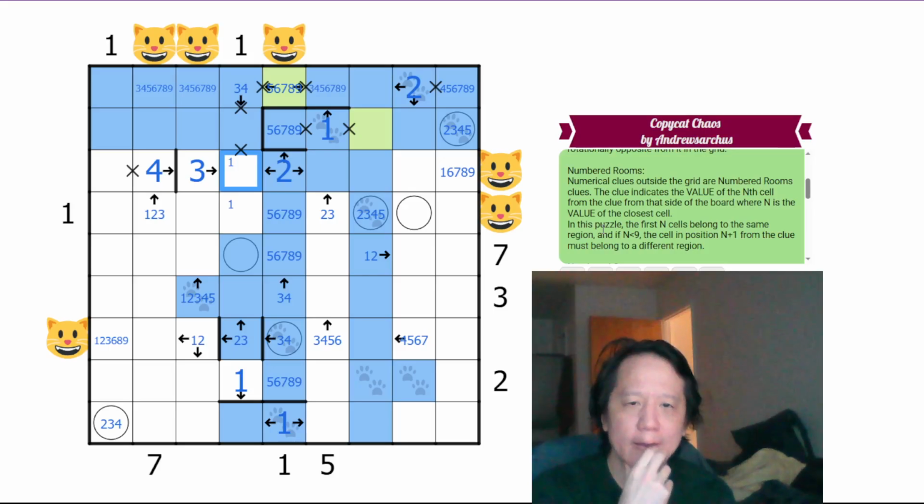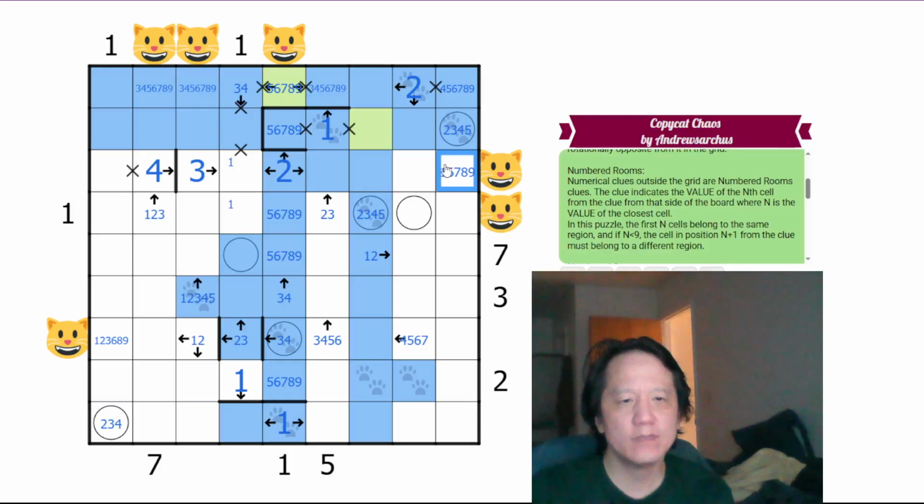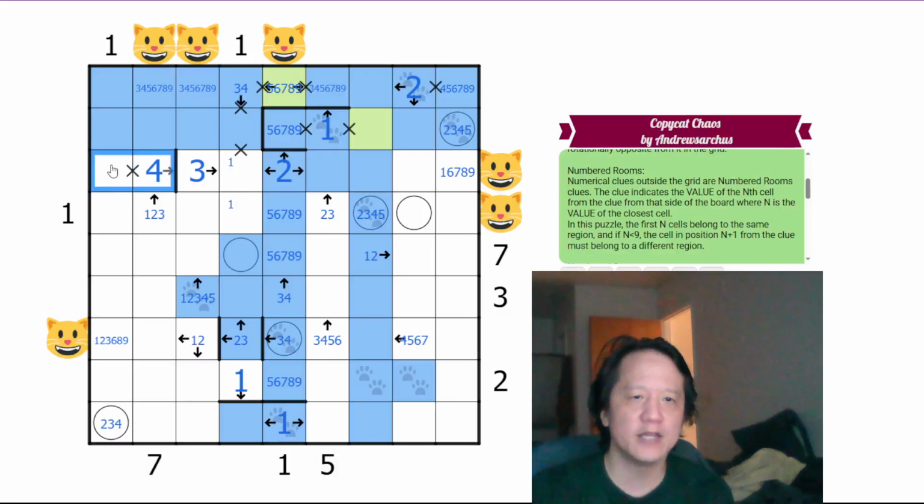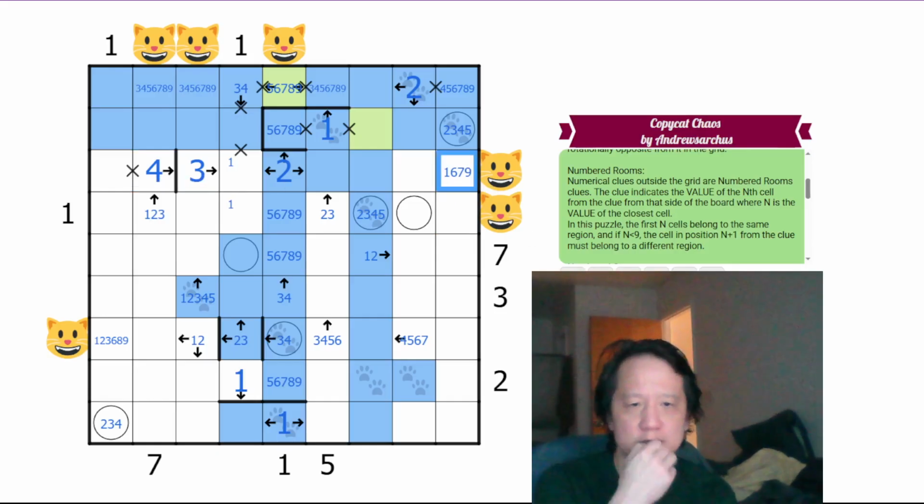So this cannot be 8 here. Because if this is 8, therefore this would say this does not have... The nth plus 1th cell is in a different region than the nth cell, but we know these have to have no boundary between them. So this is not 8.